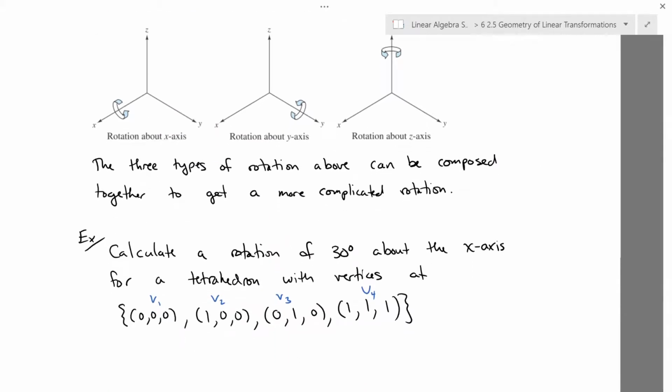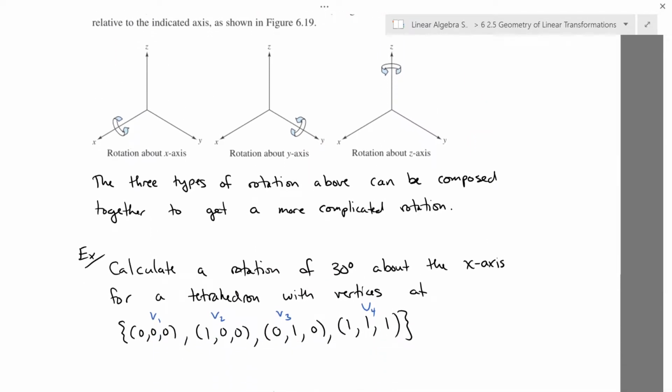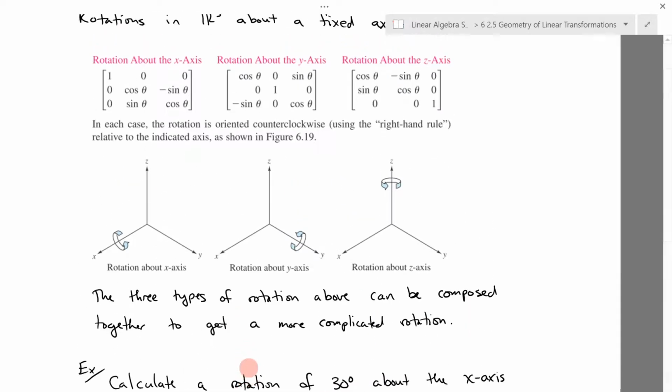Okay, so let's look at an example of a rotation of this type. Right, so we're going to rotate this tetrahedron specified by these four vertices by an angle of 30 degrees about the x-axis. So it's going to be this first type of rotation.